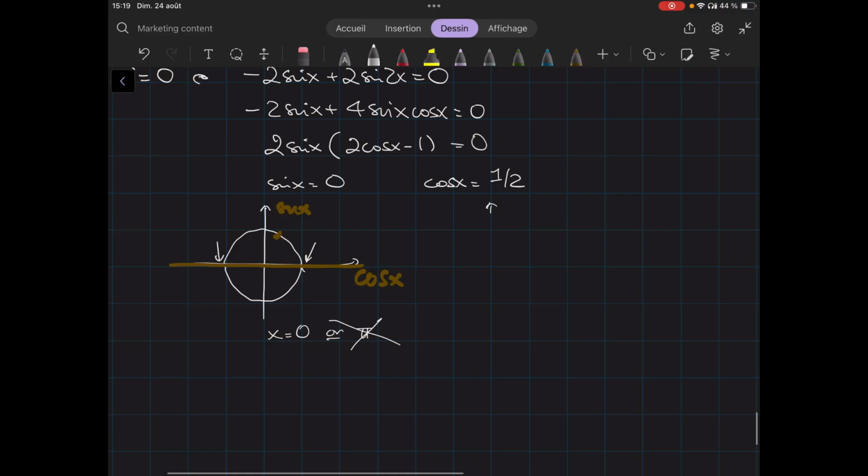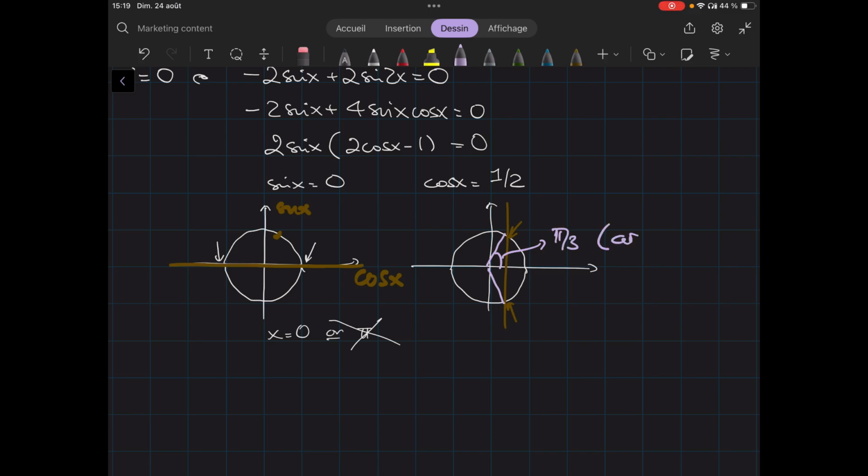Moving on to the second equation. The roots will be the intersection of the line cos of x equals a half with the unit circle. In other words, these 2 points. This angle over here is going to be 60 degrees, or pi by 3, because this is arc cos of 1 by 2.